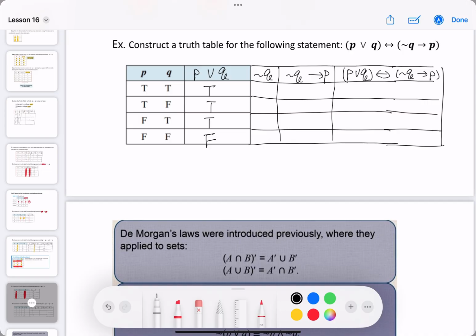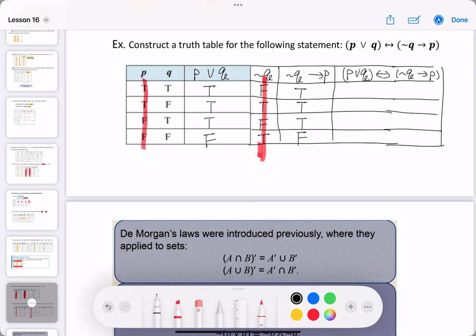Not Q: let's negate the Q. False, true, false, true. And if it is not Q, then P, so let's look at these two columns, this column and the P column. So FT is T. TT, T. FF, T. TF, it is false.